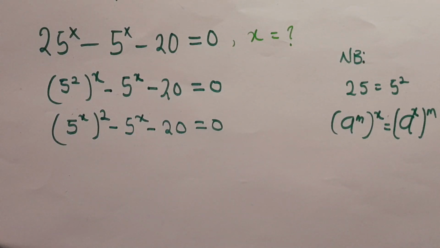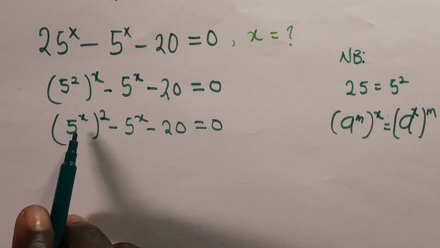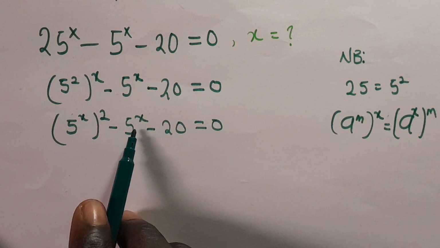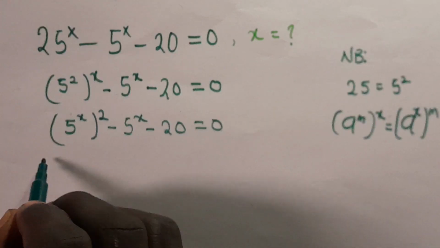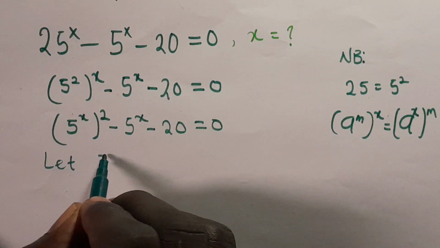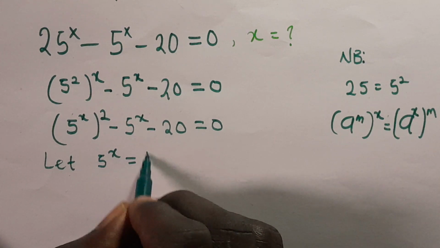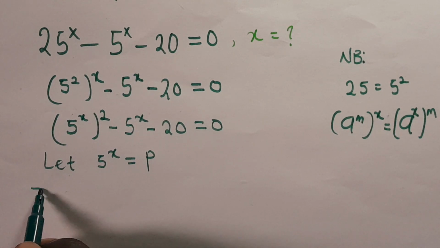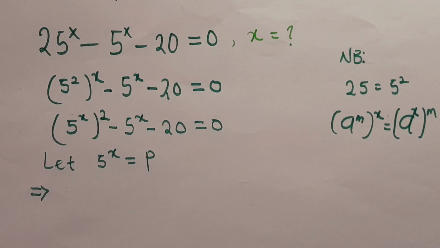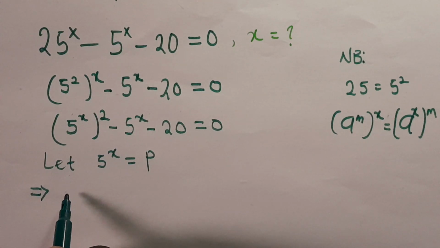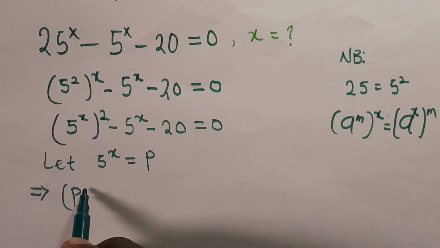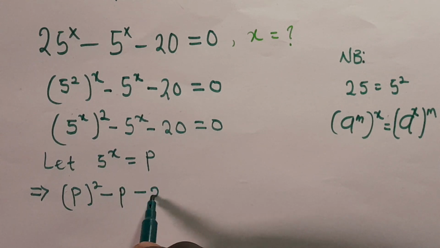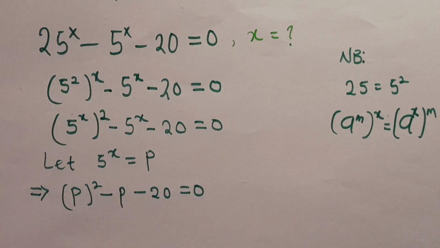So now from here, we have 5 raised to x, which is common. We can say let 5 raised to x be equal to p, which implies that we are going to have p all raised to power 2 minus p minus 20 equals 0.